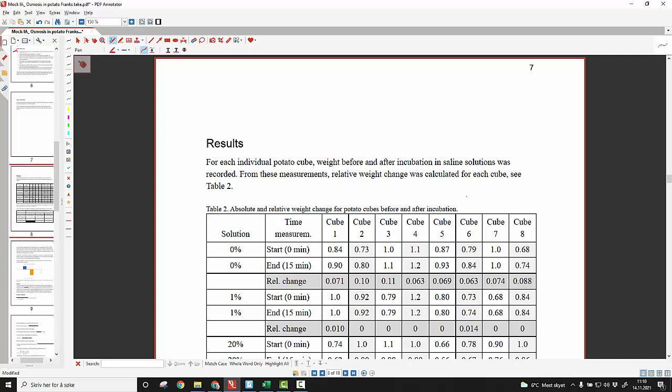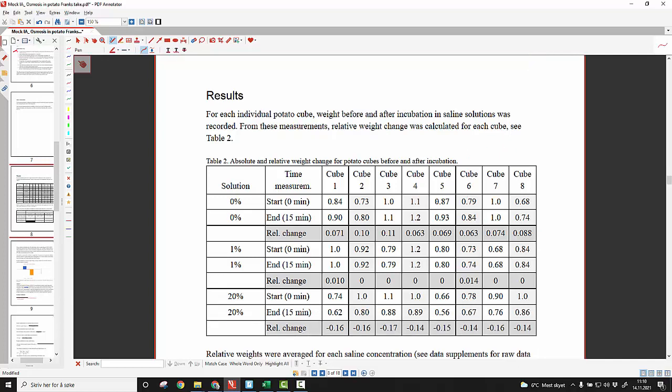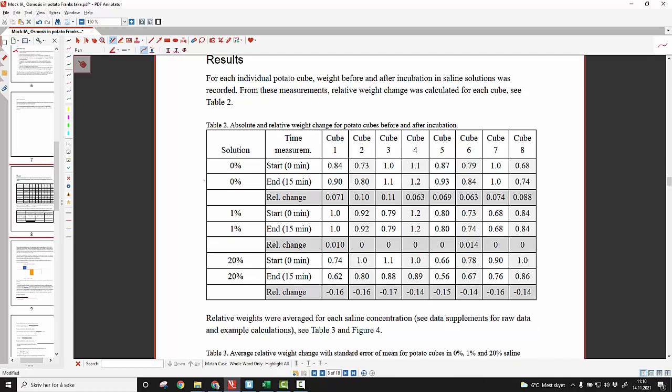Now we come to the results. And here, first, we have a table with all the raw data. So, for example, here we have cube 1 measured the first time, and then we calculate relative change.